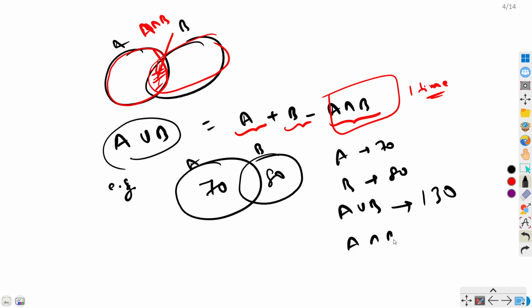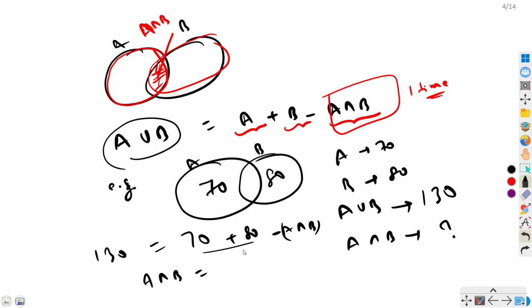If someone asks what is A intersection B, the people common in both, you will plug all the values here. 130 equals A 70 plus B 80 minus A intersection B. So A intersection B would be 70 plus 80, 150 minus 130, which is 20. So 20 people are common in both. So that's how we will do it.